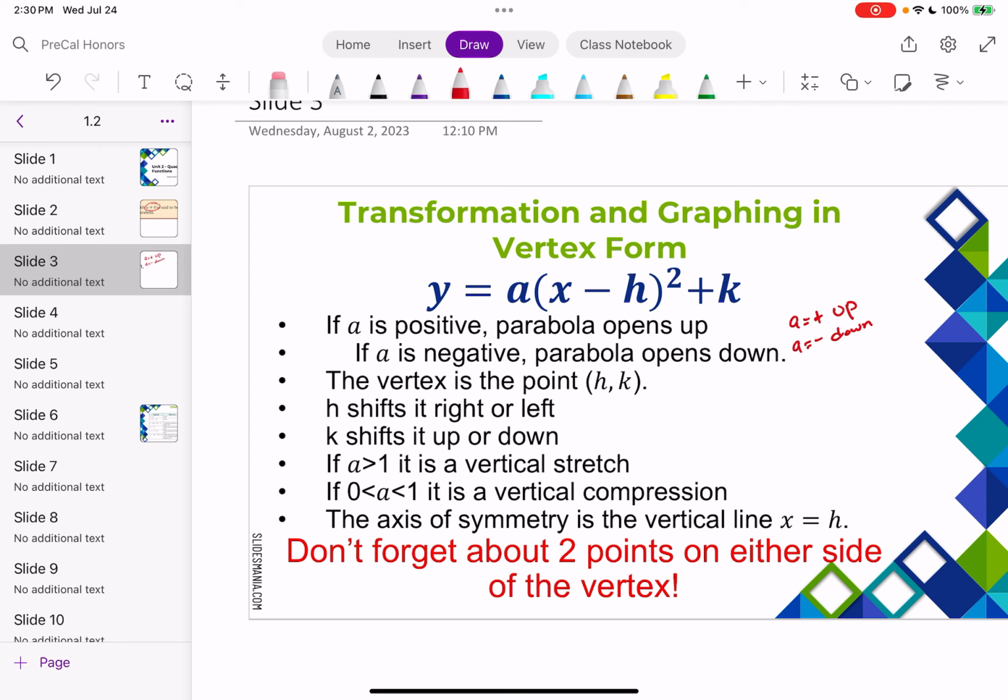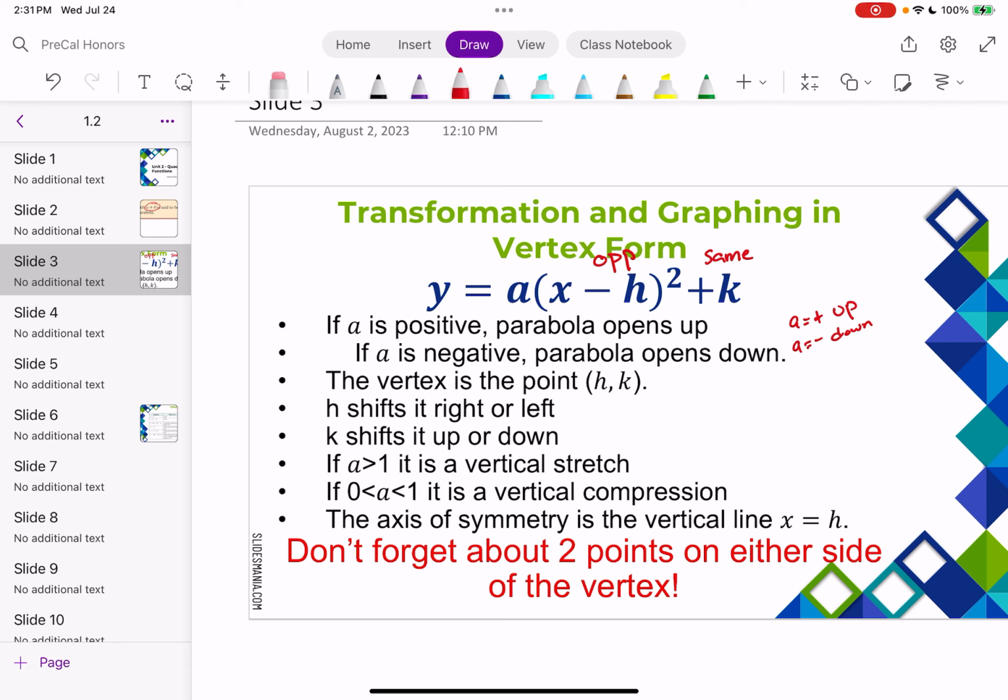Notice our equation here is x minus h. One of the easiest ways to work with this equation is to think opposite and same. When I say opposite, it is in relation to the h, and k would be the same. What does that mean? Whenever we look at x minus h, many students get confused, thinking, oh, minus h, so let me move towards the negative.